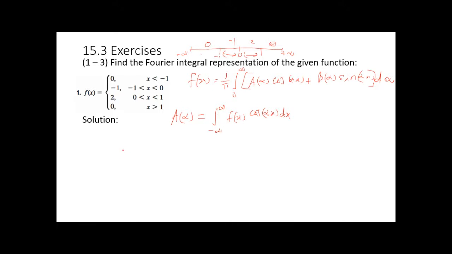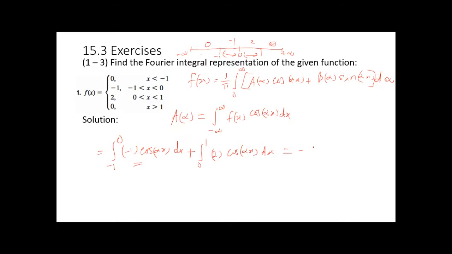So we can start from negative 1 to 0. What is the function in this interval? It's negative 1, cosine alpha x dx, plus another interval, 0 to 1. In this interval the function is 2, so 2 cosine alpha x dx.